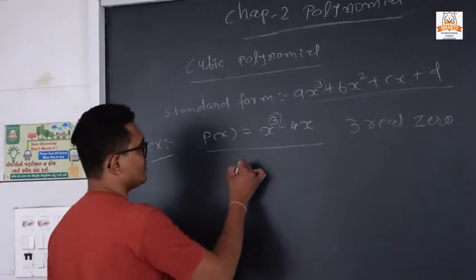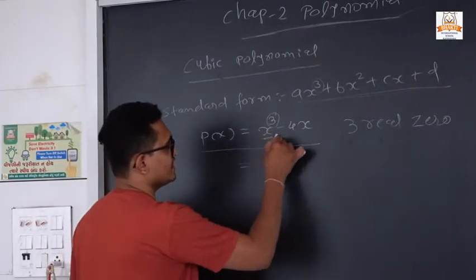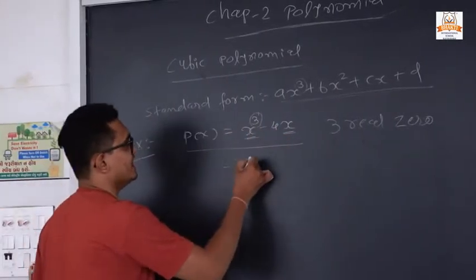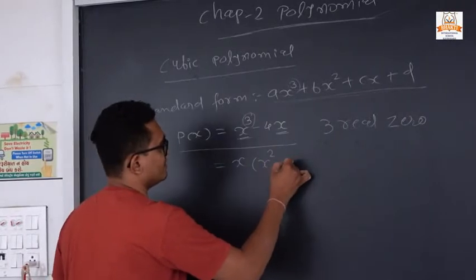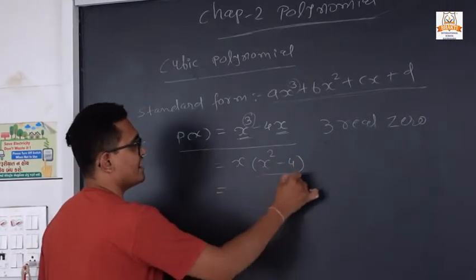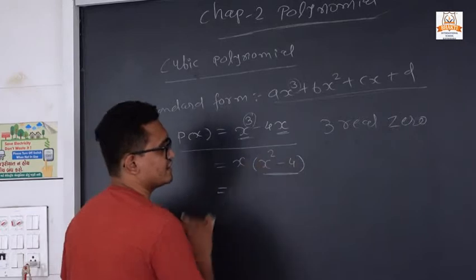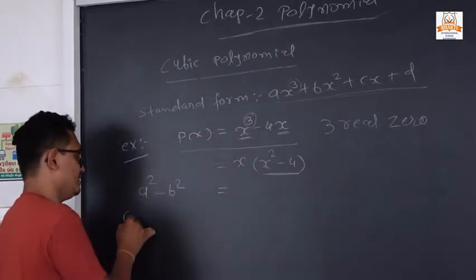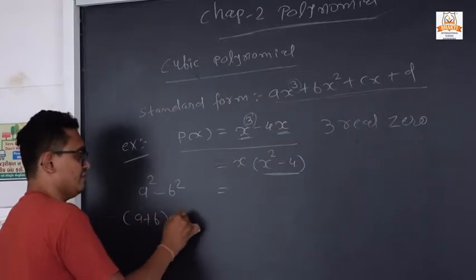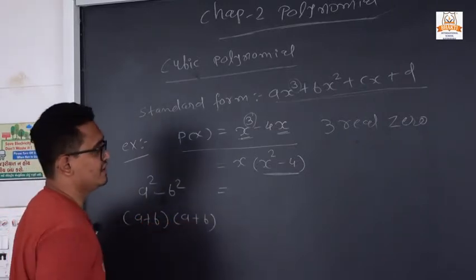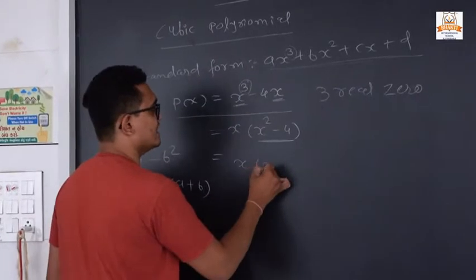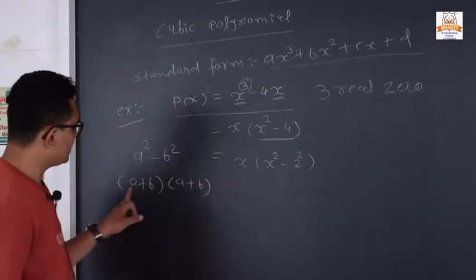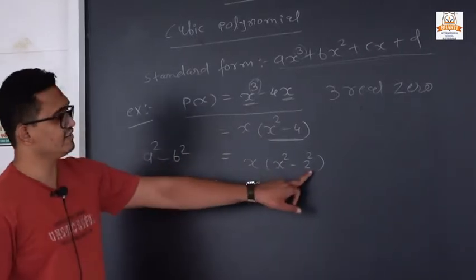First of all, we can factorize. x is common, so we take x as common: x square minus 4. Now we apply the formula a square minus b square, because 4 we can write as 2 square. So now a is equal to x and b is equal to 2.